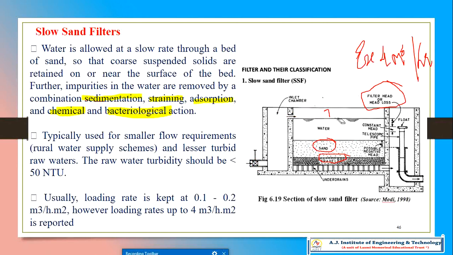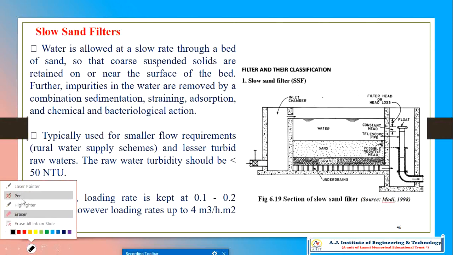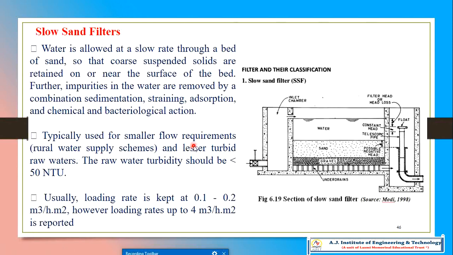So now, it is typically used for smaller flow requirements, like a rural water supply, where there is not much demand for water, so very little demand and the loading rate will be very low.